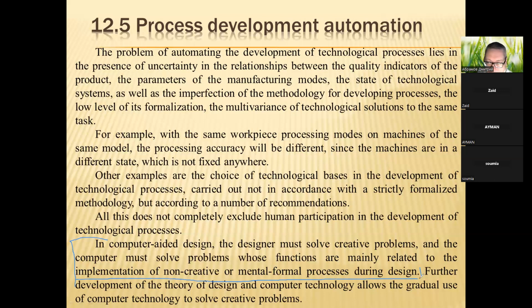In computer-aided design, the designer must solve creative problems, and the computer must solve problems whose functions are mainly related to the implementation of non-creative or mental formal processes during design.